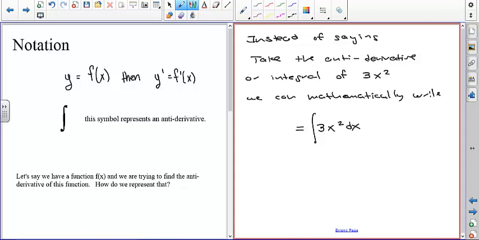So this integral sign tells us to take the antiderivative. This is the function we're taking the antiderivative of, and this little dx thing at the end is telling us that we're integrating with respect to x.